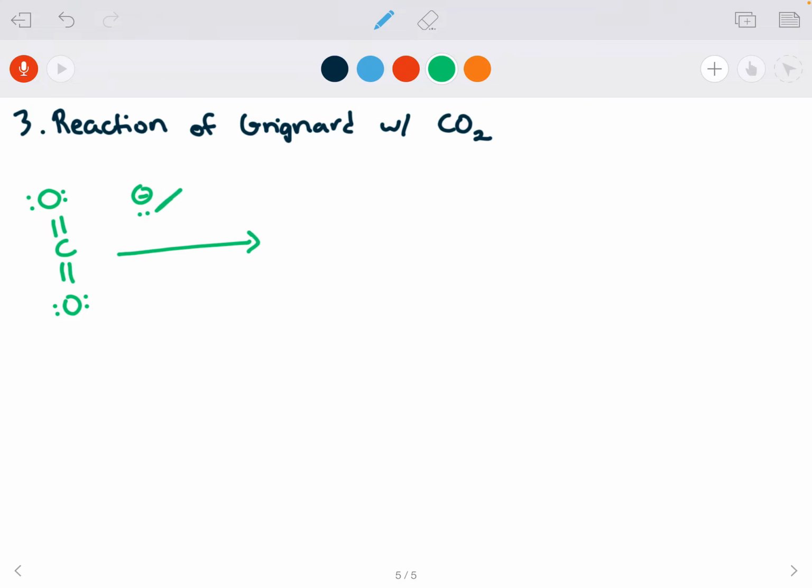So this will react. That'll move up, so I'll get that. If this is carbon 1 and 2, this is carbon 2 and 1. Right, that's carbon 3, there's carbon 3. So all of ours are accounted for. Then last step, I just need to protonate.